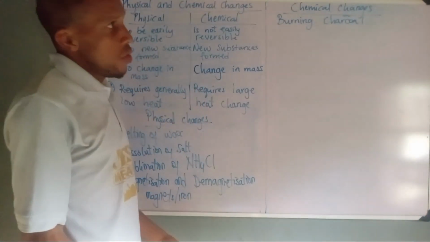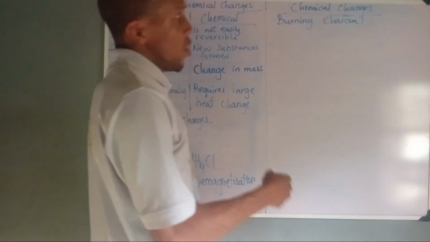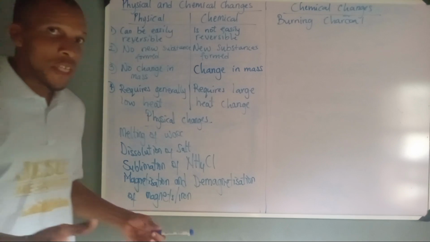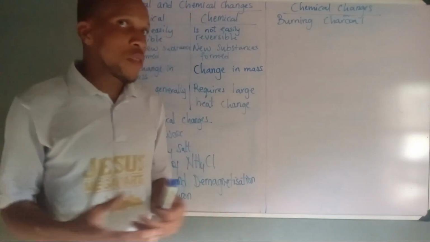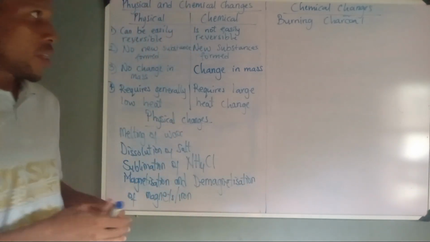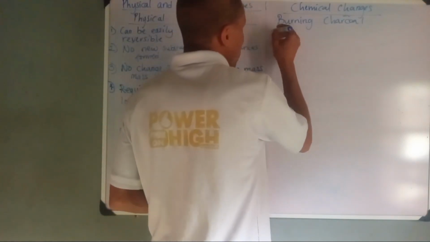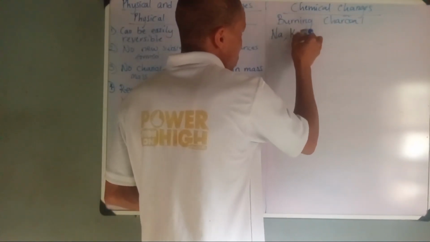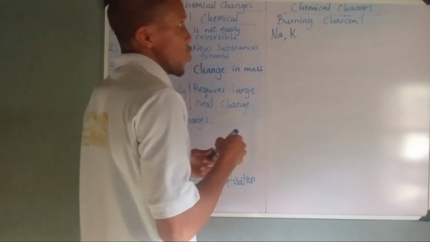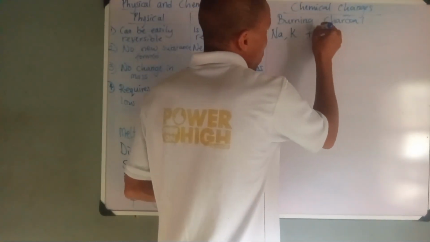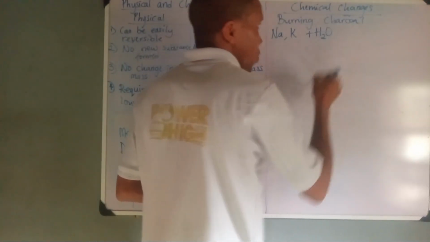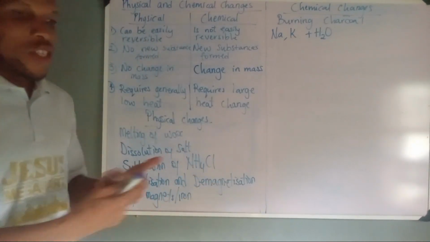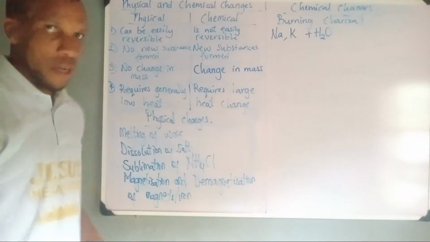Then we also have dissolution of alkaline metals. We'll go into the details of alkaline metals later. Metals like sodium, metals like potassium. When these substances combine with water, H2O, you don't just say, okay, I dissolve them in water, let me boil them and get back my sodium.